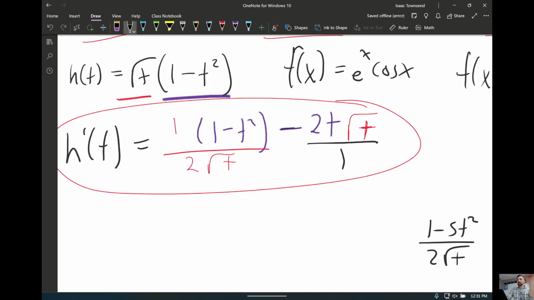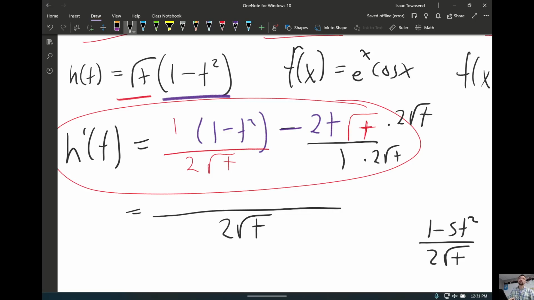So this has a denominator of 2 square root of t. So this guy needs a denominator of 2 square root of t. You can't multiply the bottom by 2 square root of t without multiplying the top. So if we do that, now they have a common denominator of 2 square root of t. Up here, I've got 1 times this stuff.